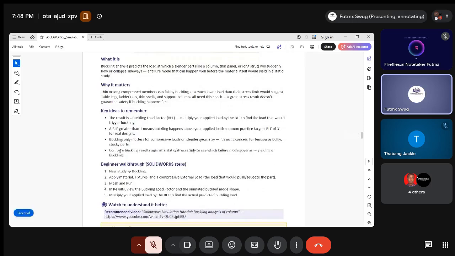Then you compare your buckling results against your static stress study to see which failure mode governs, either yielding or buckling, so you know which takes precedence.